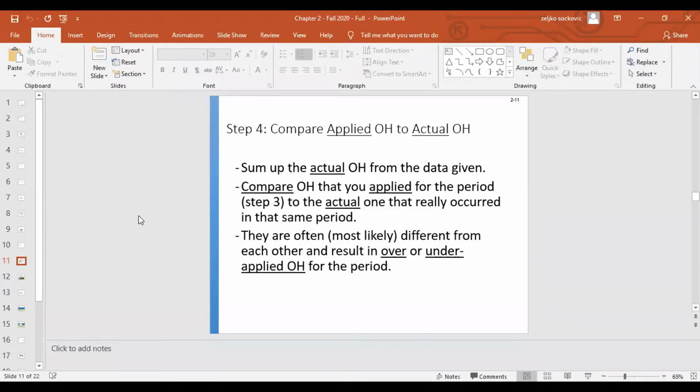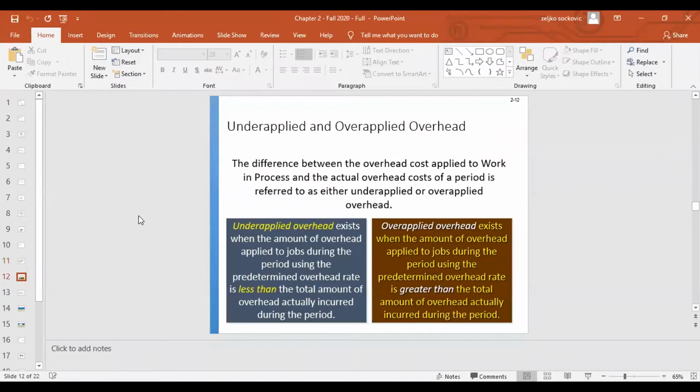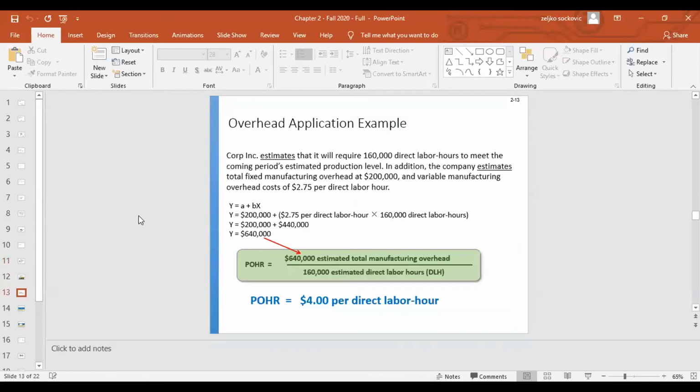Did we apply the same amount, which means there is no over or under apply, just equal? Or did we apply too much overhead, which means over applied? Or did we actually spend more overhead than we applied? Then it's under applied overhead. Okay, I just explained this.